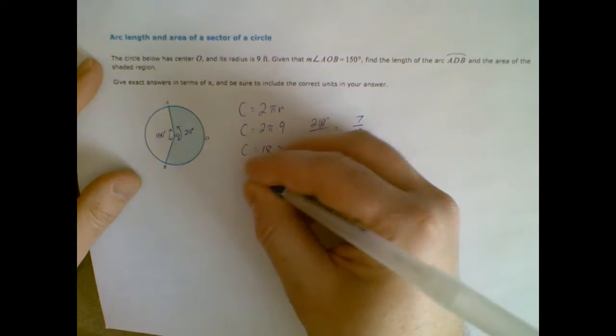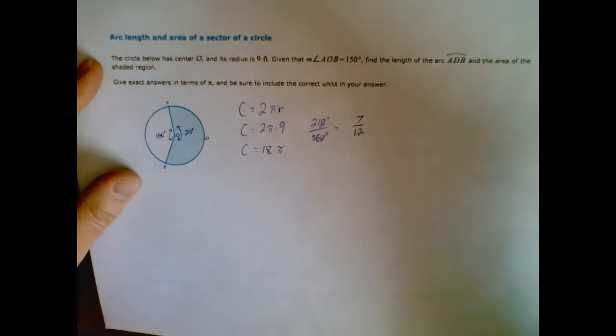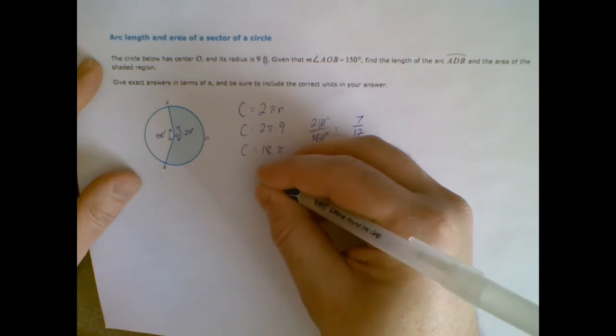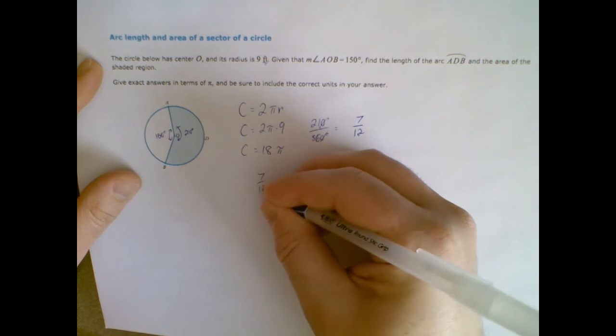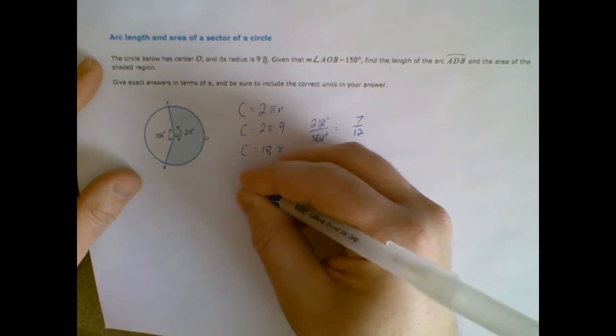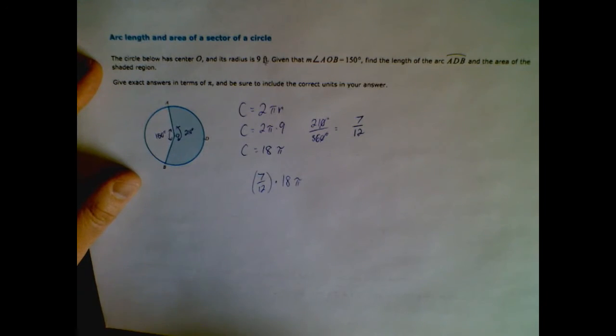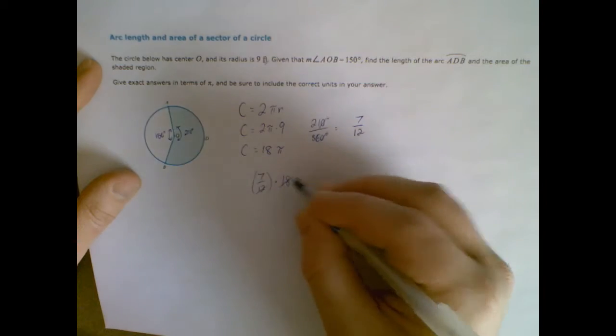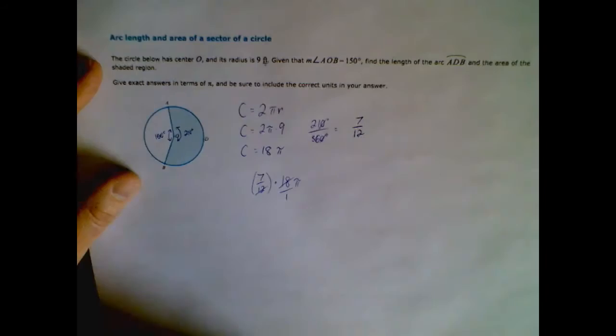So my circumference is 18 pi feet, right? We're using feet this time. But I don't want the entire thing. I only want 7/12 of that 18 pi feet. So my arc length is just going to be reducing those two things. Do a little bit of reduction here before we start. Divide both of those by 6.